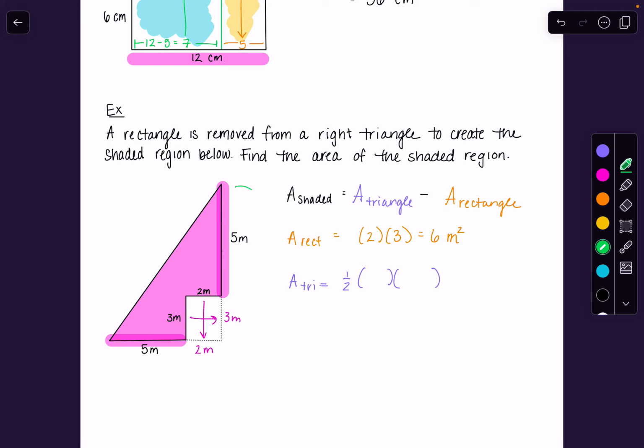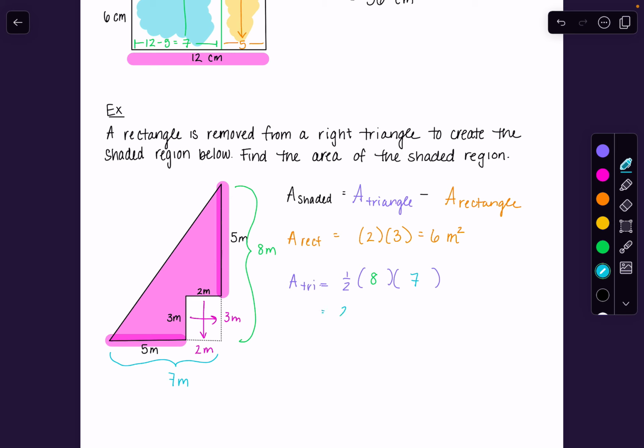So one side that forms my right angle has a total length of 8 meters. And then my other side here has a total length of 7 meters. Okay. And those are the two sides that form that 90-degree angle. So going through that multiplication, 8 times 7 is 56. Times that by 1/2.